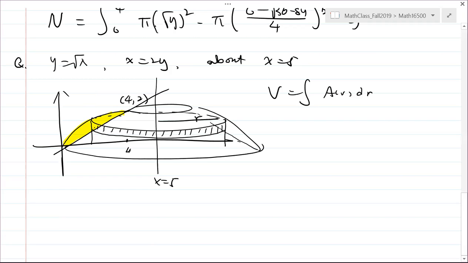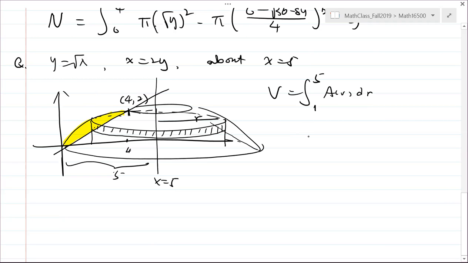Then it shrinks to here. No, the smallest value for r is going to be 1. Okay, so r is from 1, because from here to here is 1. And then from here to here is going to be 5. So r is between 1 and 5.